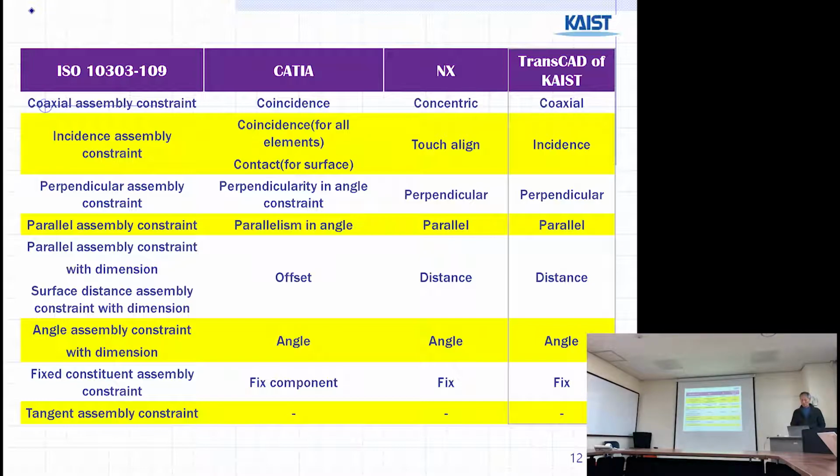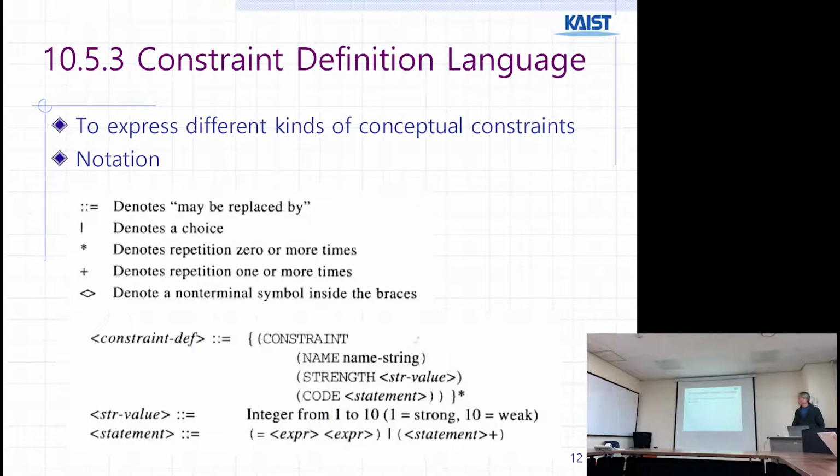We need such clarification and summarization. And a definition language: we need to express different kinds of conceptual constraints. We need to have a notation, definition, value, and statement.